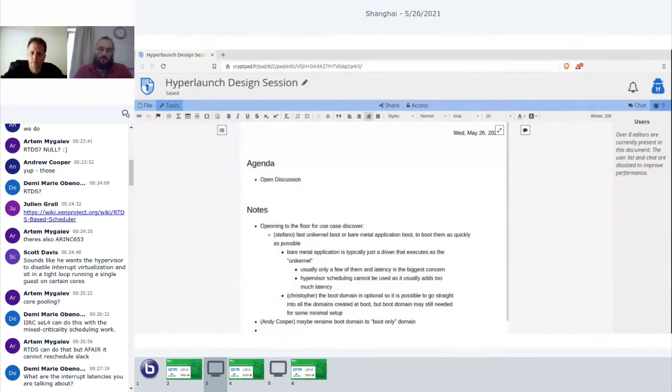So I see Demi wrote seL4 can do this with mixed criticality scheduling work. Demi is not the first one to tell me that in other domains in the past, they used this technique that when the critical section starts, everything gets paused. Yes, in other industries, decades ago, this technique was already employed. So I reinvented the wheel again.